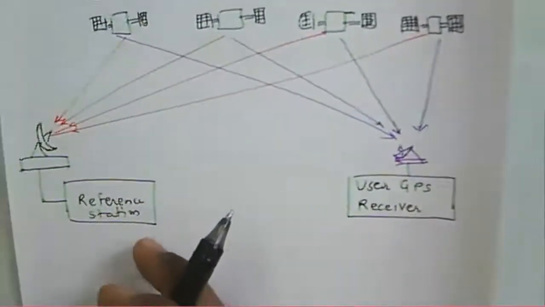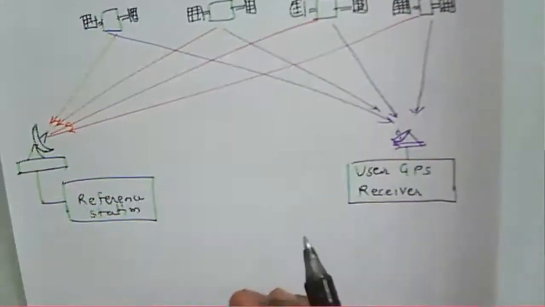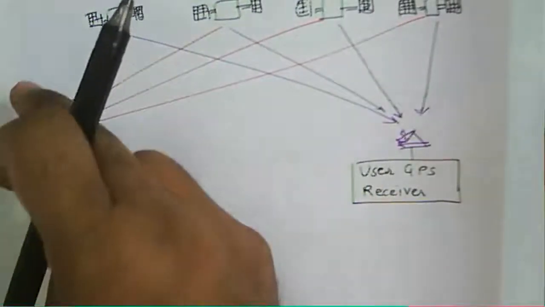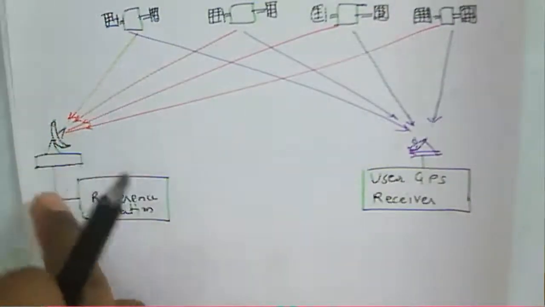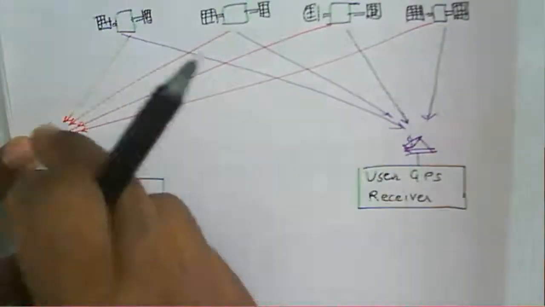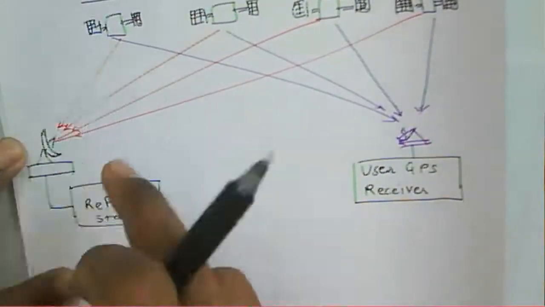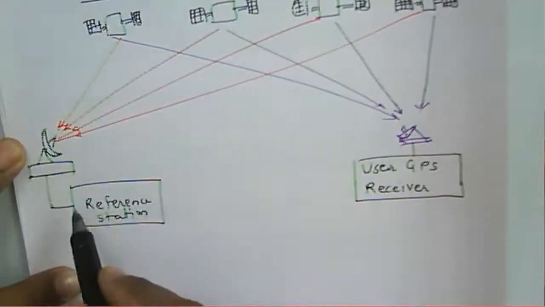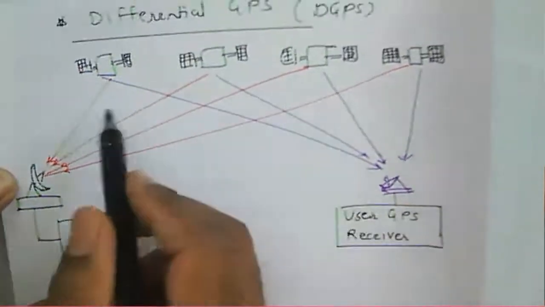That location is to be identified, for example a high hill with no obstacles nearby. The signal received at this location has fewer obstacles and no multipath. So that reference station is installed at a strategic location so that it will receive a clear signal from a satellite.